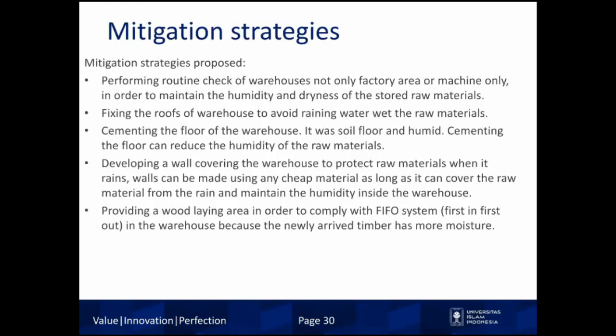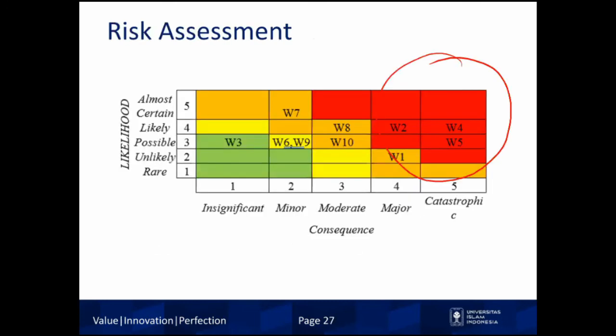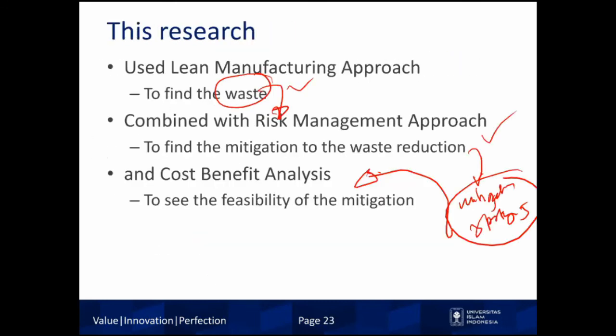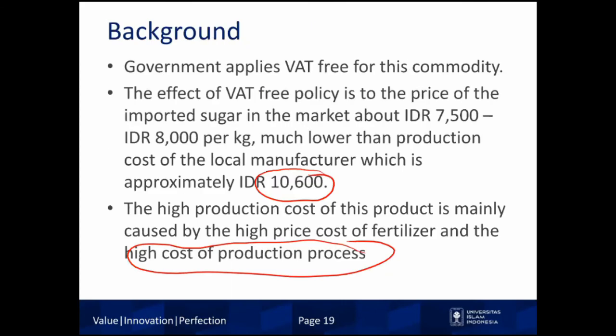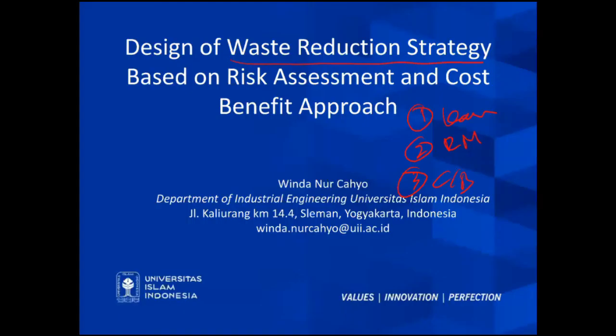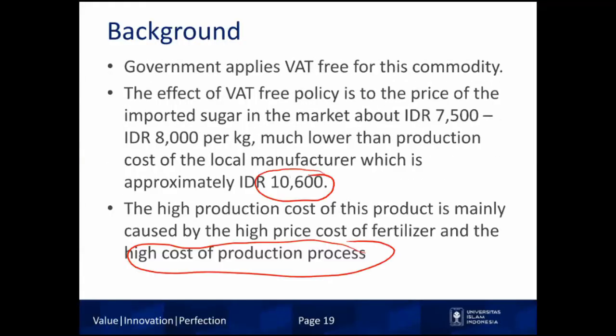If you want to see more detail about this case study, what you can do is you just Google it with the title of the paper, Design of Waste Reduction Strategy Based on Risk Assessment and Cost Benefit Approach. Just type it on Google and you can find the paper, you can download it for free.